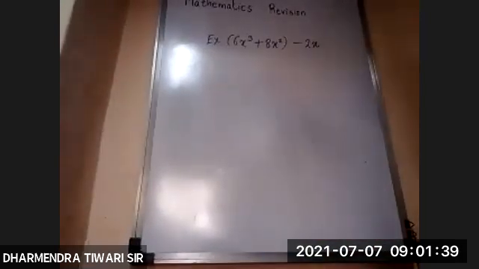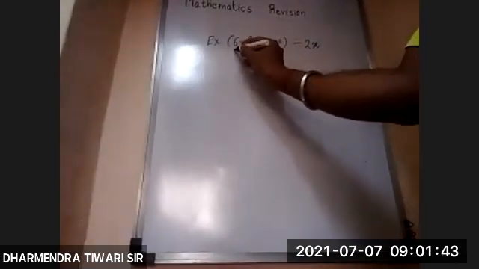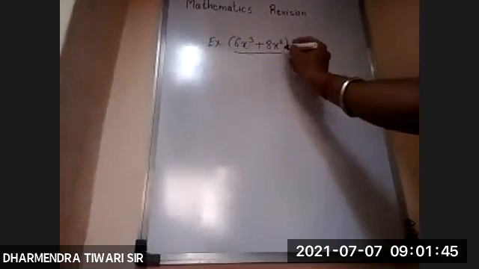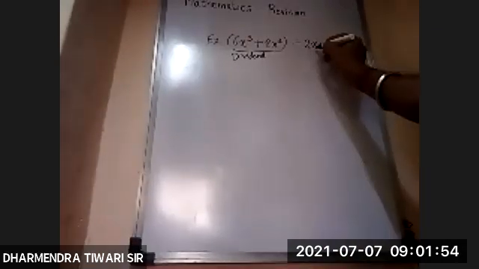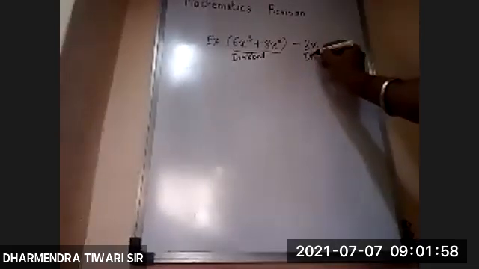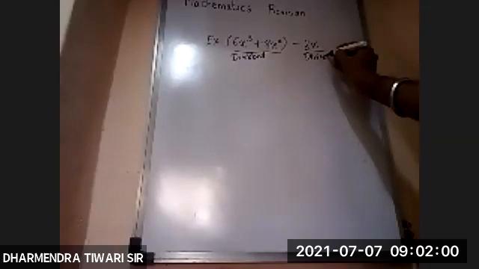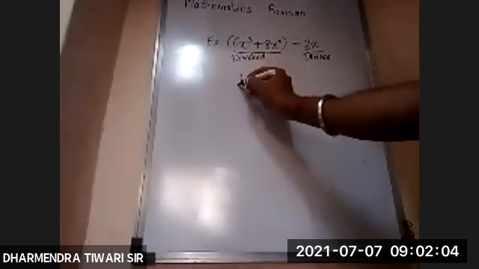So here we have to take this as a dividend. This is our dividend. And this as a divisor. Let's proceed.